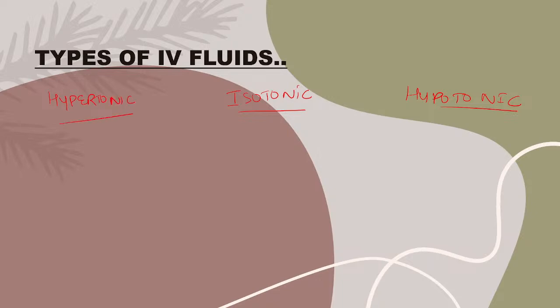To understand this nicely, first we will discuss isotonic fluid, whose osmolality is 250 to 375 per liter. So this is the osmolality of isotonic fluid. This classification of IV fluids is based on the osmolality of the fluid, and isotonic fluid has 250 to 375.